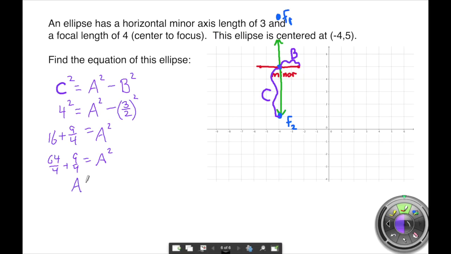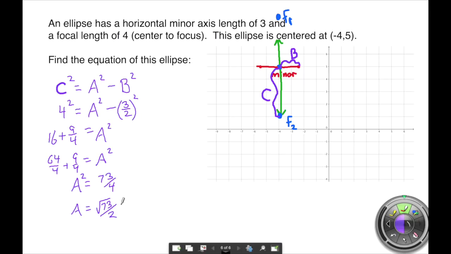So a squared is going to equal 73/4. And then little a, just a itself, is going to equal the square root of that. So it would be square root of 73 over 2. Let's see what that is decimally. So square root of 73, don't forget to close the parentheses, divide by 2.